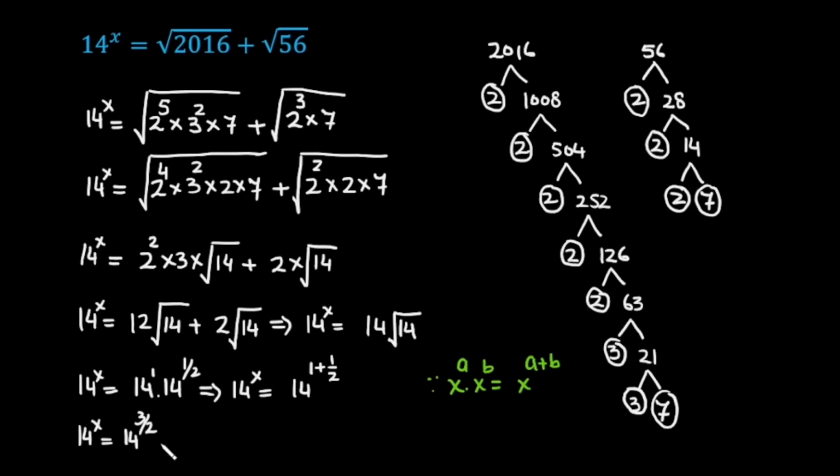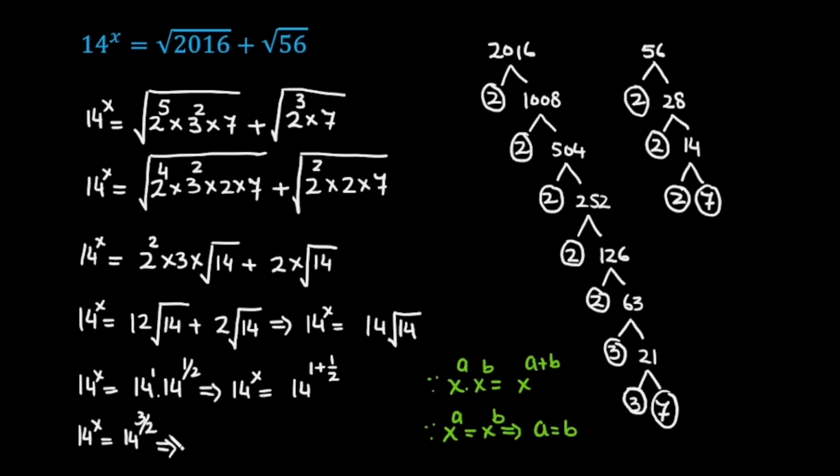So this is further equal to, bases are same, so you can equate the exponents. We know the property of the exponent: if bases are same, x raised to the power a equal to x raised to the power b, this implies that a equal to b.